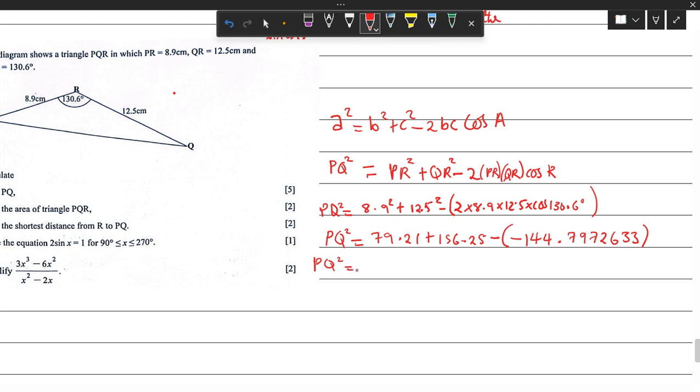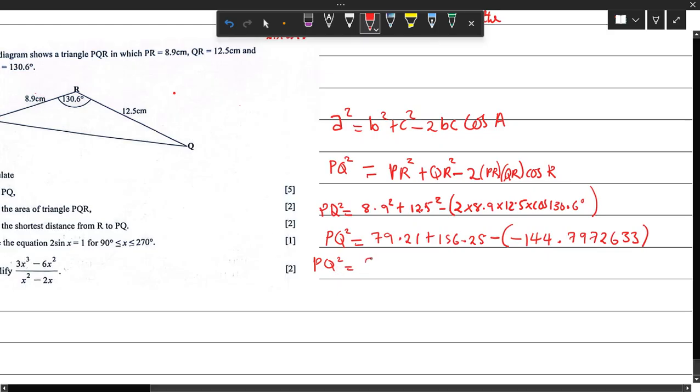PQ squared equals to, so we have 8.9 squared plus 12.5 squared. That's like we have 235.46.